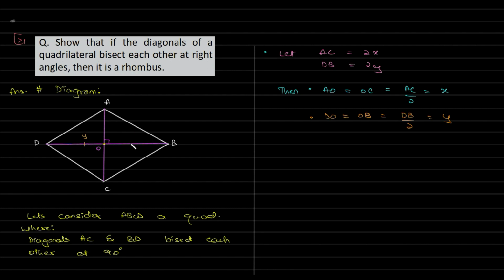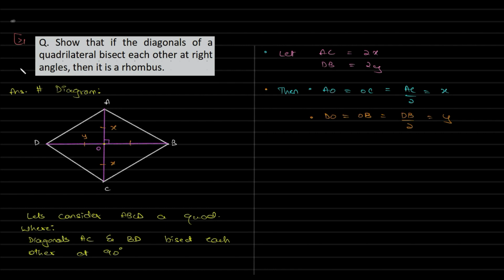So each of this is equal in this way, and then we also can write angle AOB, all of this are equal to 90 degree. Actually there are quite a few things, we'll write it when we need it.